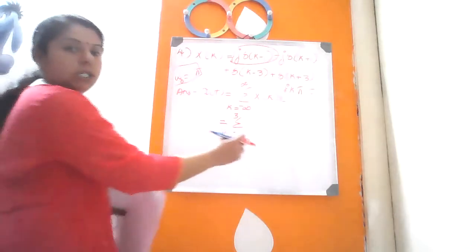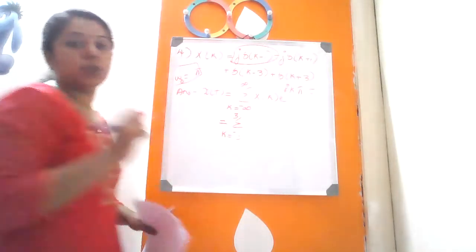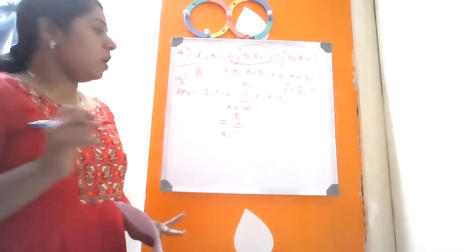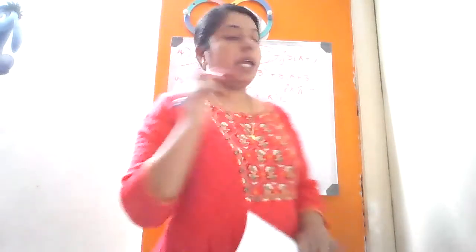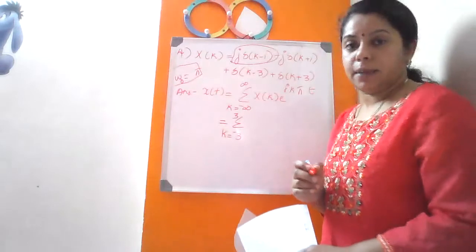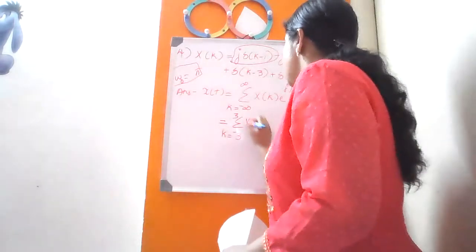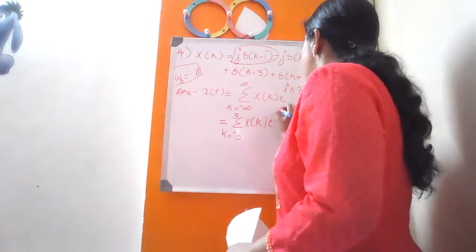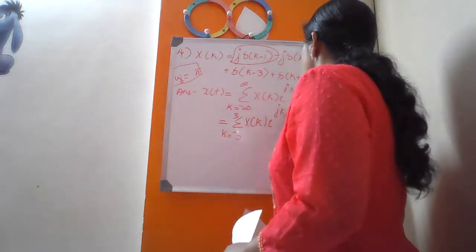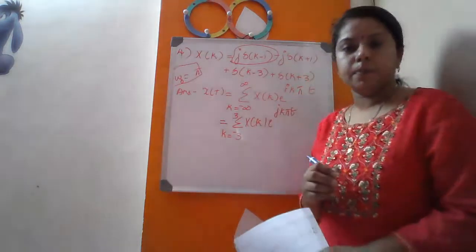So I'm just changing it to the sum from minus 3 to plus 3 of x of k e power j k pi t.